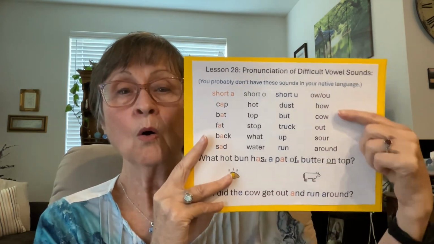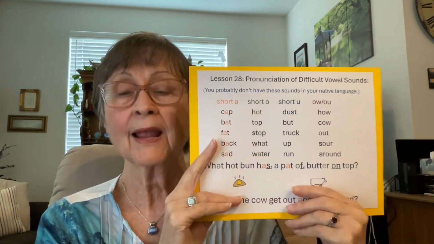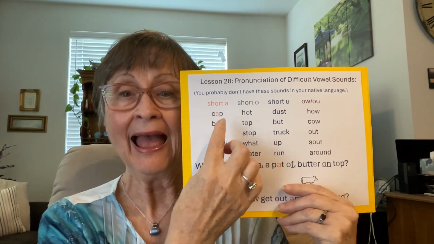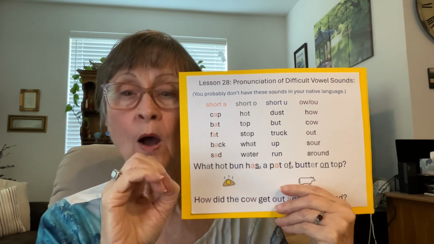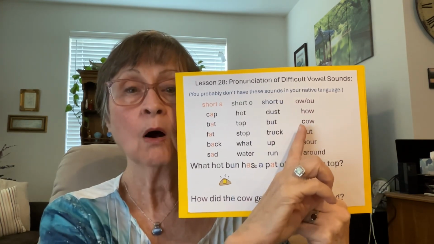And then the OW, or sometimes it's OU sound, is this sound, like the sheep, ah, and then go to a long O. Ow, ow. Most people don't want to say that. They want to say how.